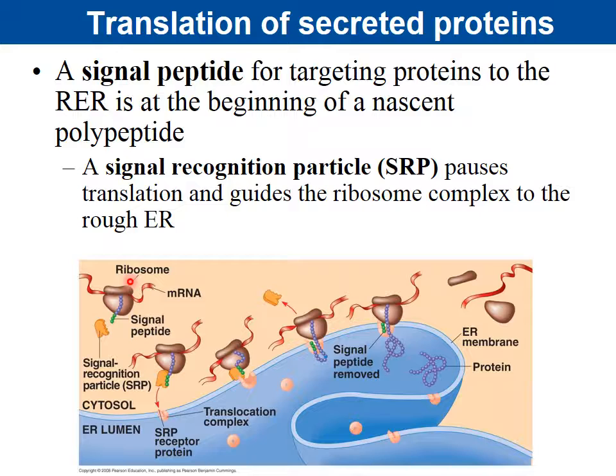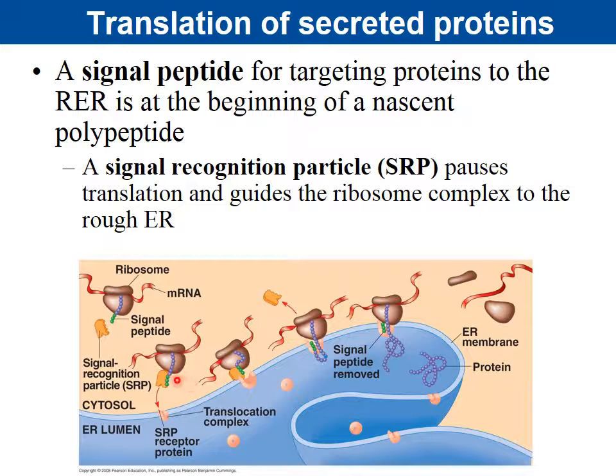Now, if a protein is destined to become secreted, it has a sequence of amino acids at the beginning of the sequence that is what we call the signal peptide. And that signal peptide tells the cell where that protein is going to go. So an SRP, this signal recognition particle, is going to recognize that signal peptide, and it's going to bind.